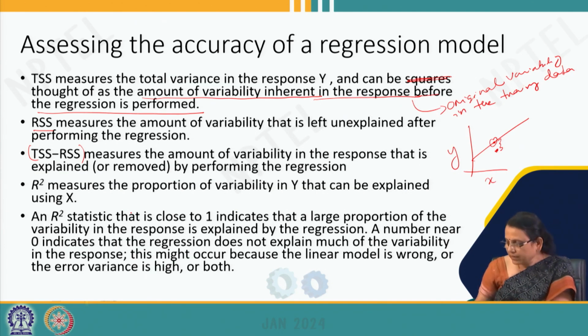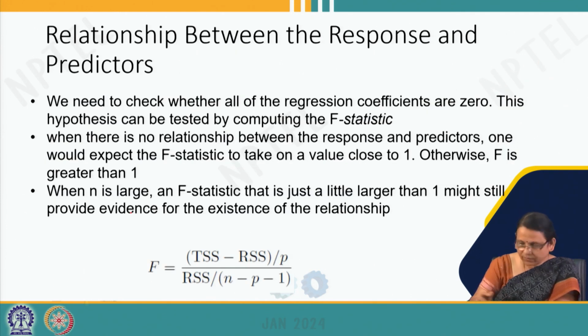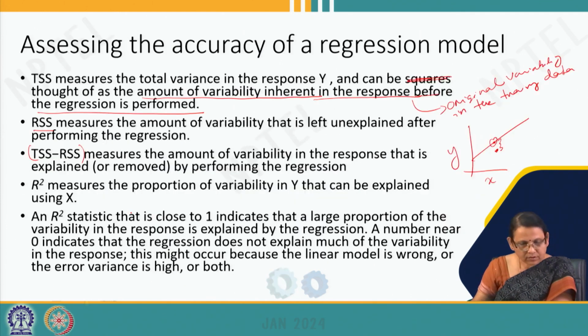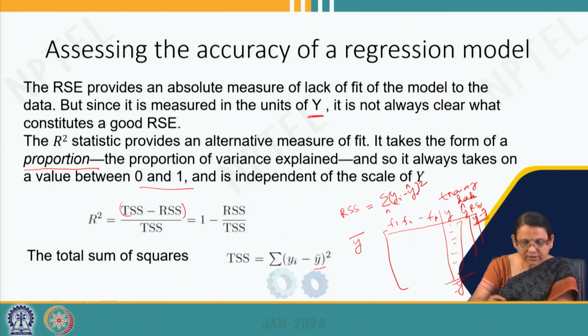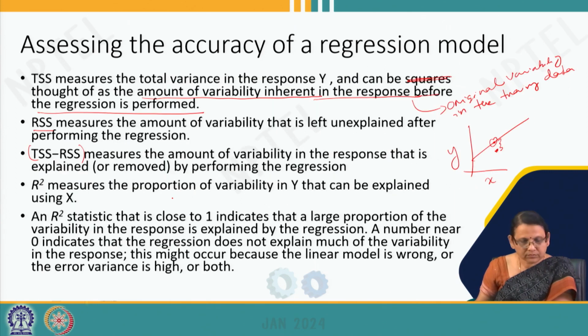Now, what is R square? It is TSS minus RSS divided by TSS. So, what was the original variability? Original variability minus what is getting explained. So, R square measures the proportion of the variability in Y that can be explained using X.